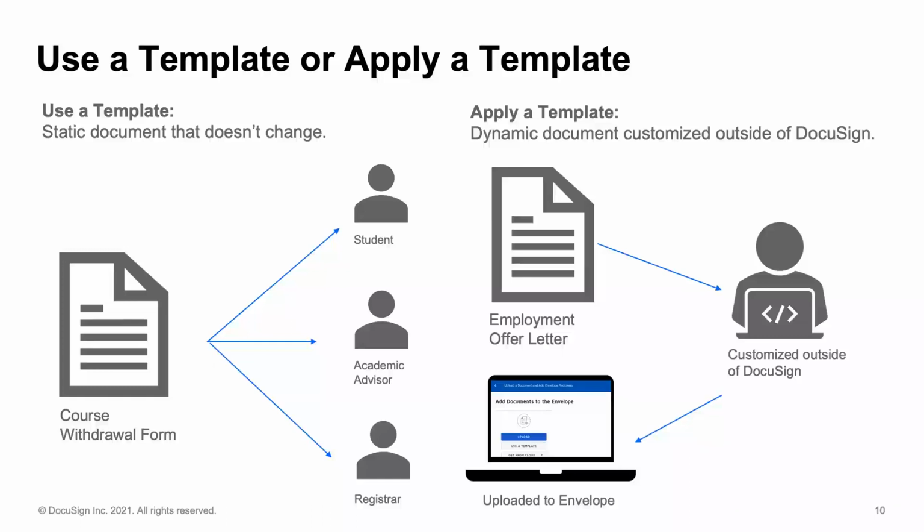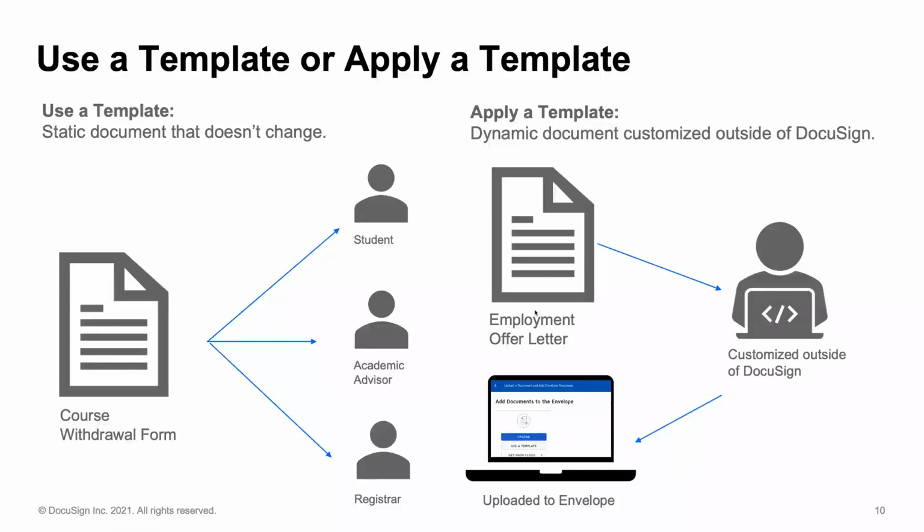Now, on the flip side, there may be instances where you need to customize the document before you send it out using DocuSign. For example, with an offer letter, offer letters are likely going to be different for each candidate, right? We might want to include their salary information, their benefits information, when is their start date, and so forth.